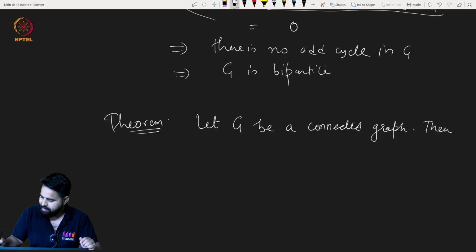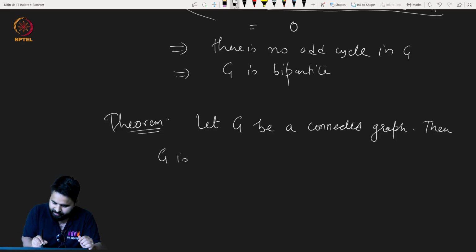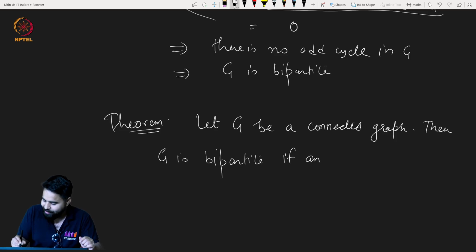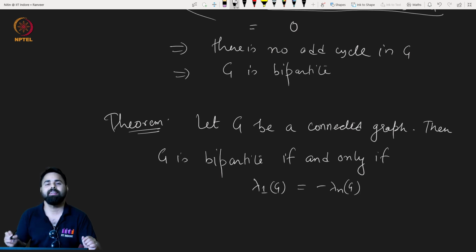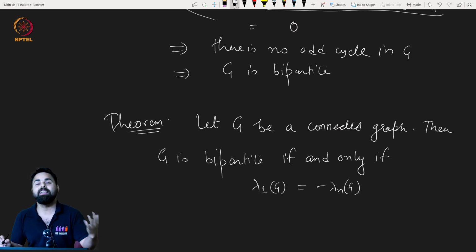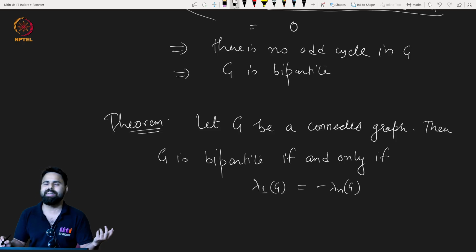Then G is bipartite if and only if, this is also both ways, the largest eigenvalue lambda 1 of G is equal to the negative of the smallest eigenvalue.